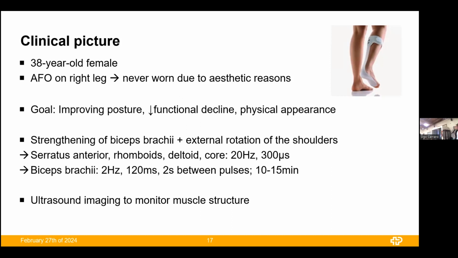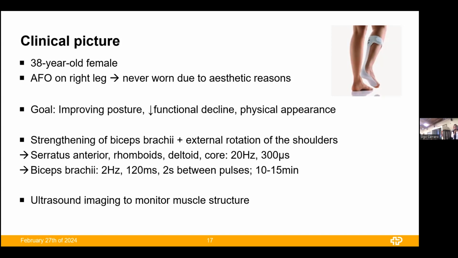And I notice we have a large representation of females in our case series. Normally in science, they are underrepresented. And she is using an ankle foot orthosis on the right leg, or she is supposed to use one, but she does not do it due to aesthetic reasons.